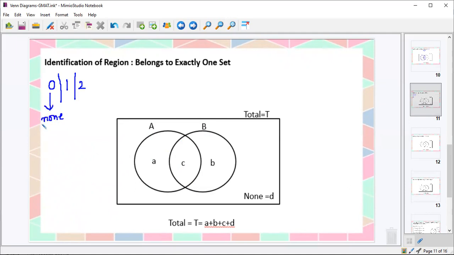So this 0 represents none region. This 1 represents exactly one set. And this represents exactly two sets.